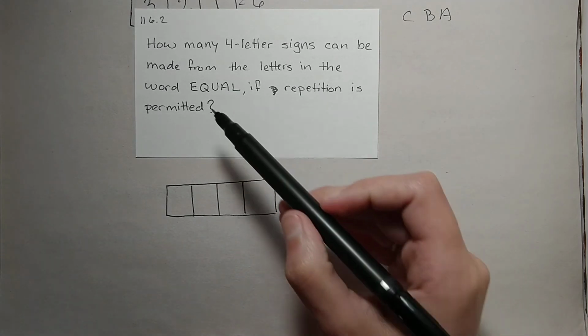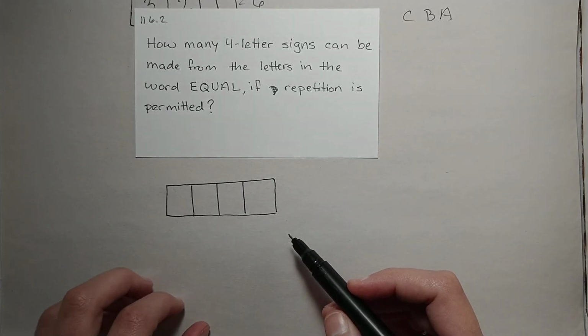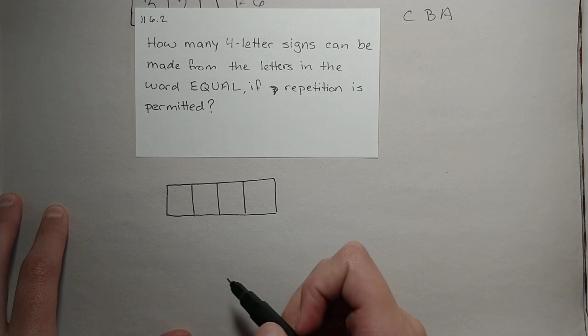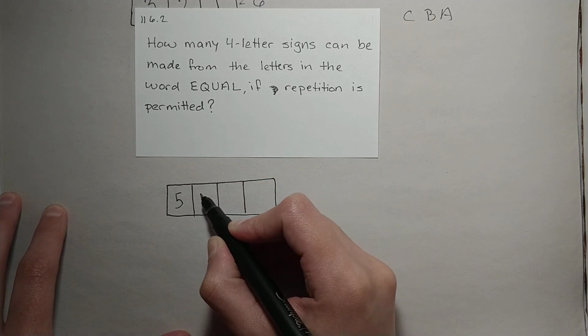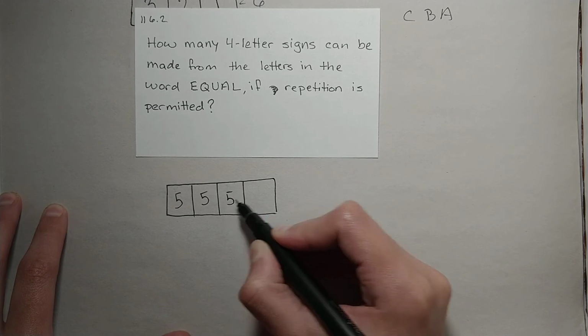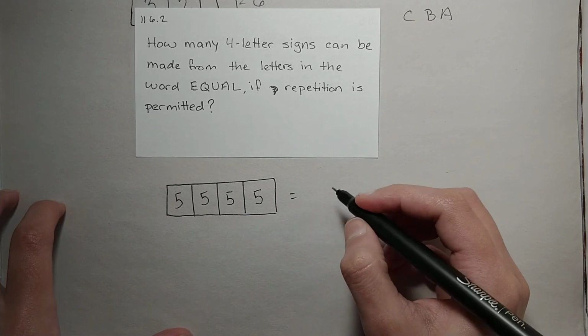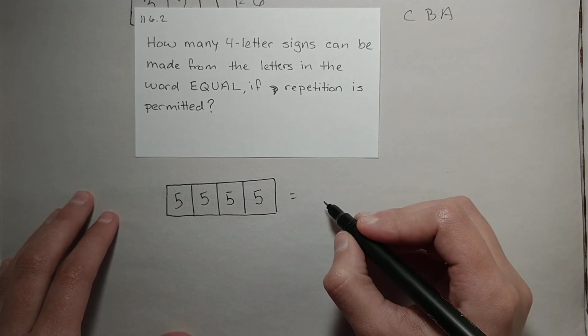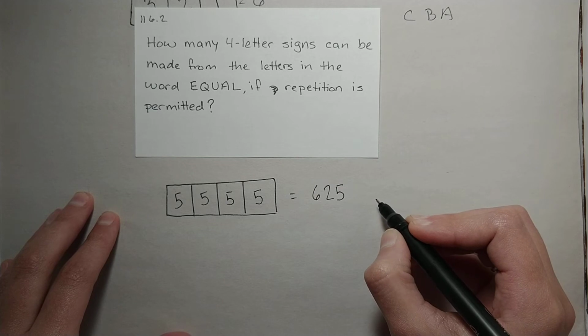All right, and we have 1, 2, 3, 4, 5 letters. All right, repetition is permitted. So we have 5 possibilities for the first letter, 5 for the second, 5 for the third, 5 for the fourth. So that is going to give us 625 different signs.